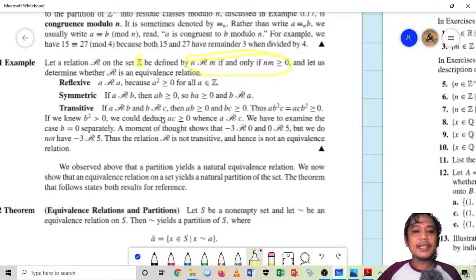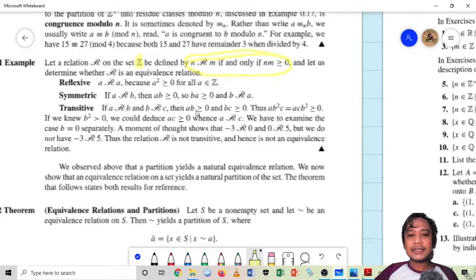Also, B related to C would imply that the product B times C is not negative. Now, A times B is not negative. B times C is also not negative. So, if we multiply these two numbers, AB and BC, since both of them are non-negative, their product should also be non-negative.